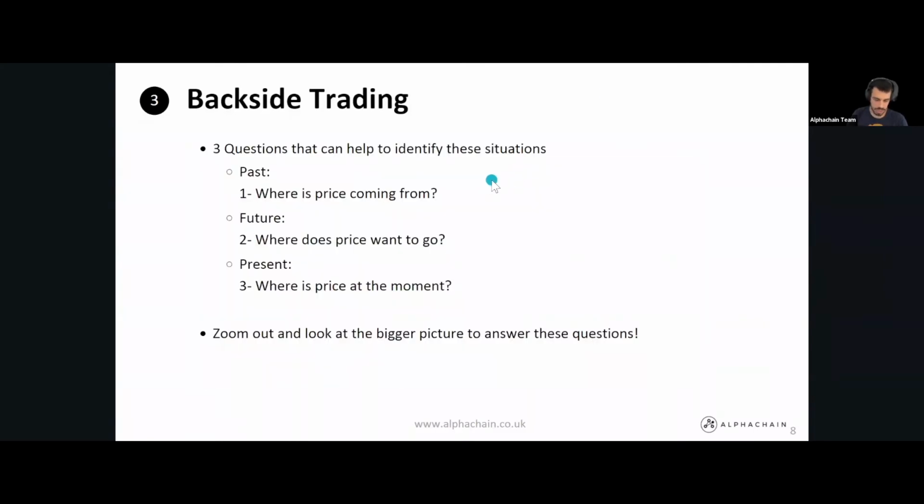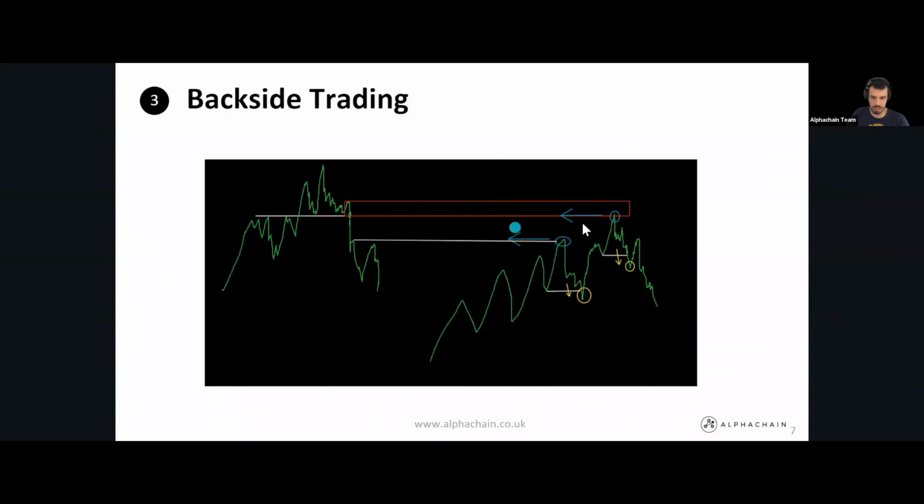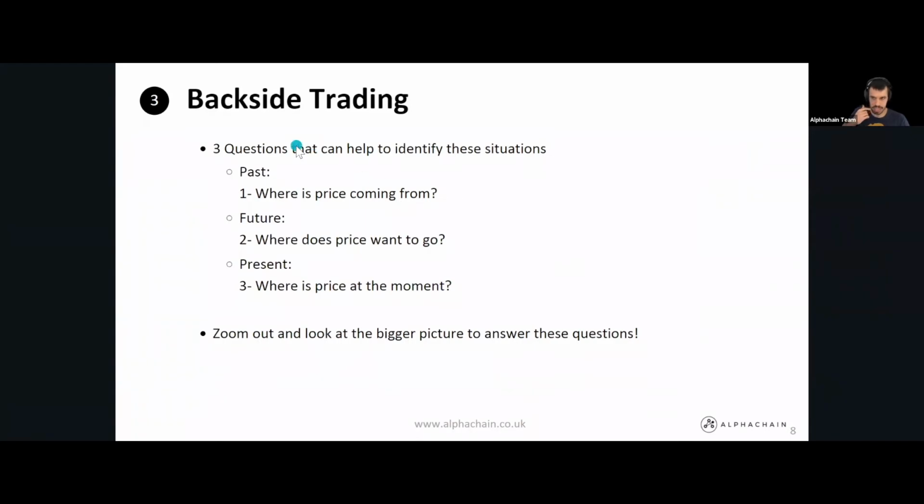So in order to help us define when you should expect this kind of tricky situation, these are three questions that I always ask myself when I'm analyzing the market, which is basically trying to understand where price is coming from. That tells me about the past.